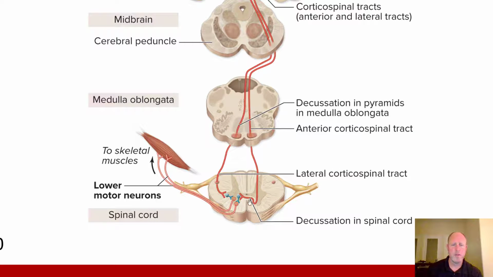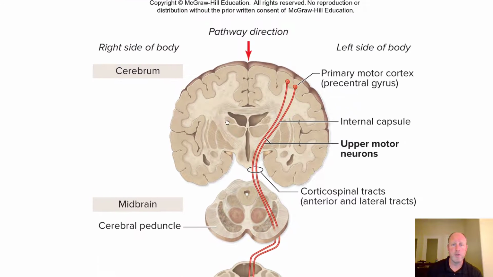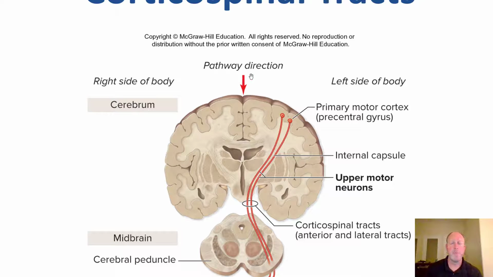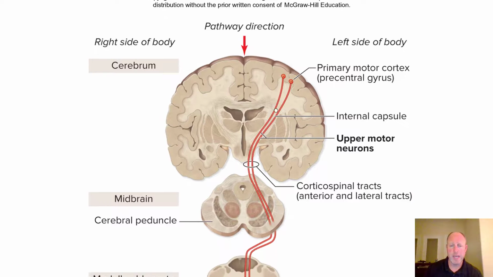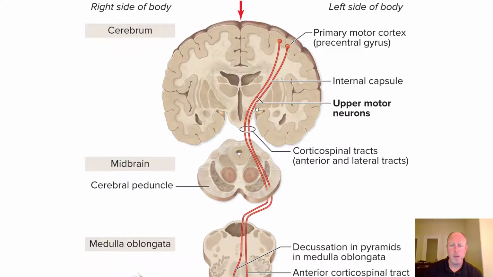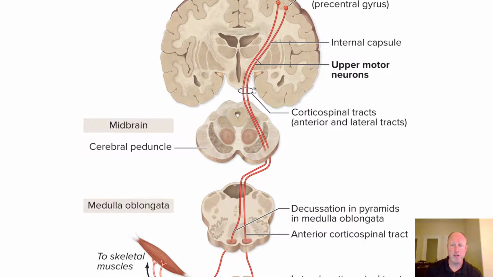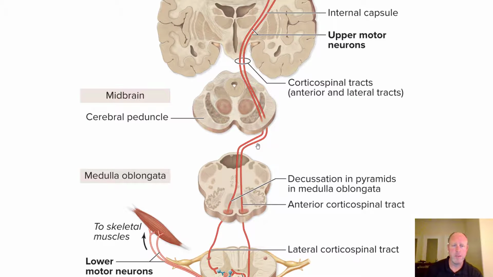So here we can see that visually. In this case, we have the decussation in the spinal cord with the lower motor neurons here. So we're talking about information coming with pathway direction from the top, from the uppermost area, basically the superior aspect of the body. We have the right side of the body, cerebrum here, left side of the body, of course. Primary motor cortex, the precentral gyrus, information traveling down the internal capsule, the upper motor neurons, through the corticospinal tracts, the anterior and lateral tracts, going through the midbrain, the cerebral peduncle here, okay?